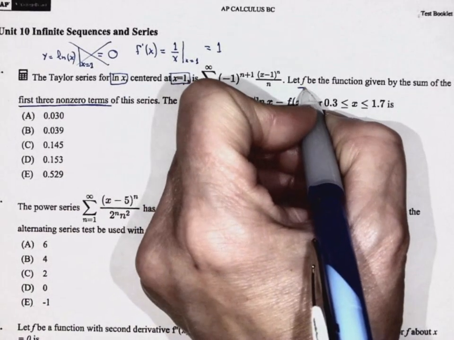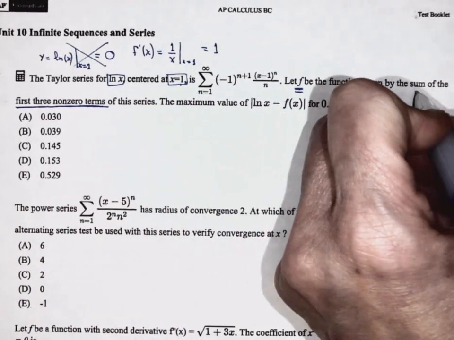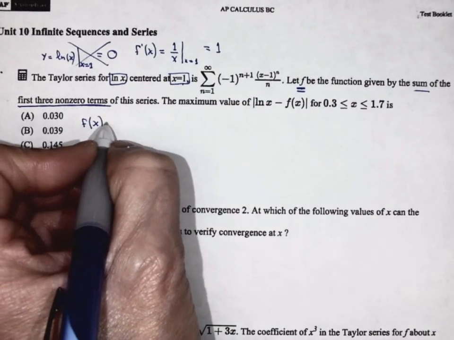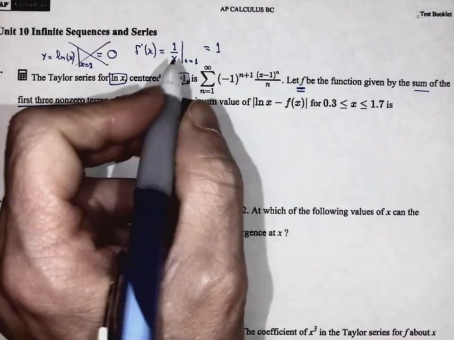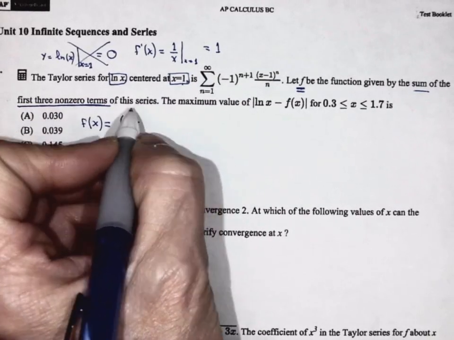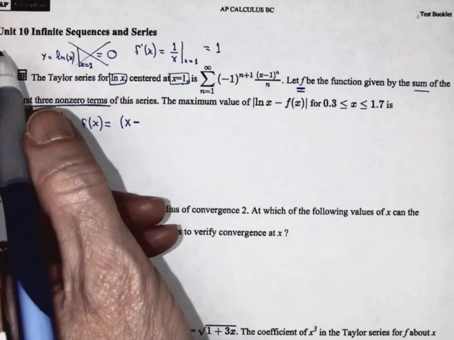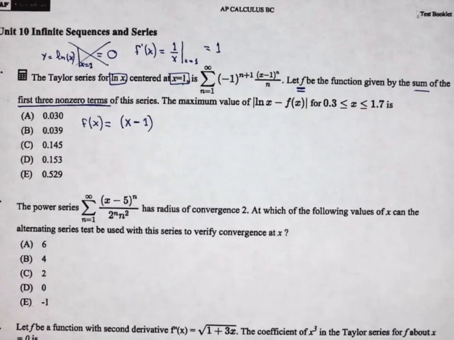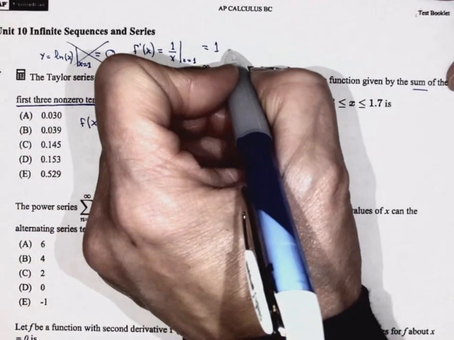My function name for approximating the sum is going to be f, so f of x is equal to 1, and that's already my first linear term, because the 0 was my constant term, and that will be over 1 factorial, which is just 1.